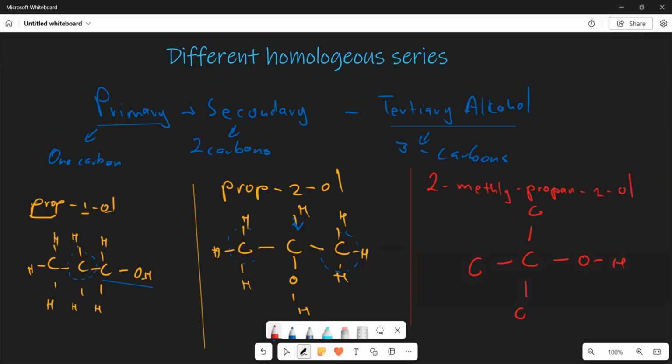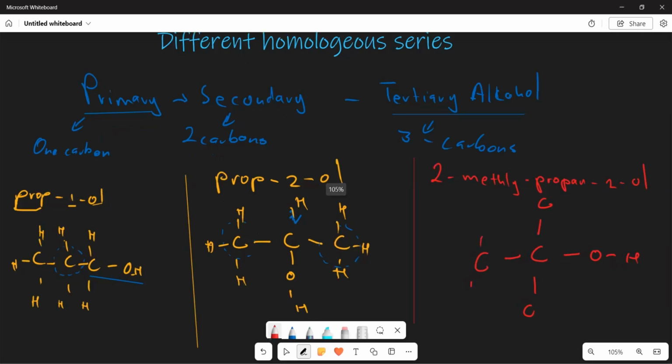Then obviously, what is it that you are going to have here? This is going to have your hydrogens. These are going to be your hydrogens, and these are also your hydrogens here, the 3 hydrogens for this one. And these are the 3 hydrogens for this particular carbon.